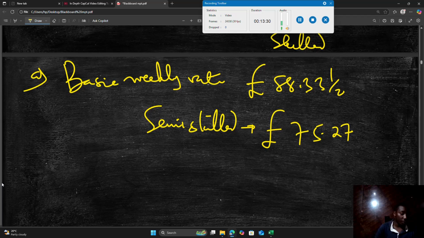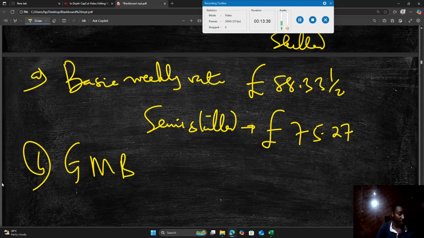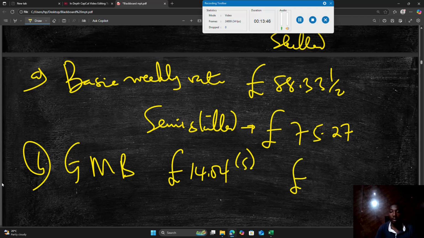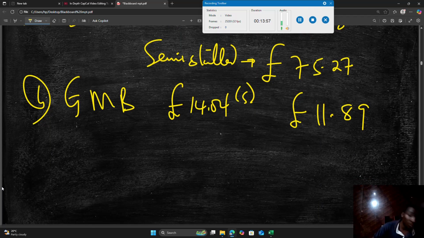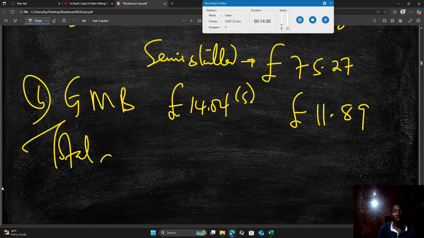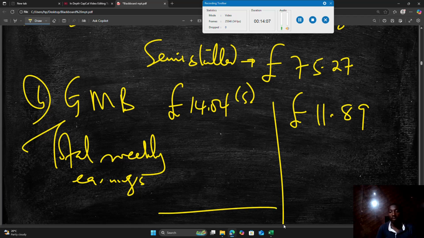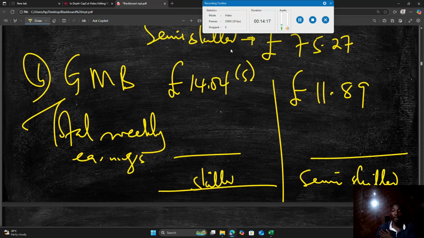If we award the guaranteed minimum bonus of 14.04 for skilled, and 11.89 for semi-skilled, we can get the total weekly earnings for skilled and semi-skilled. That is a sum of those two.